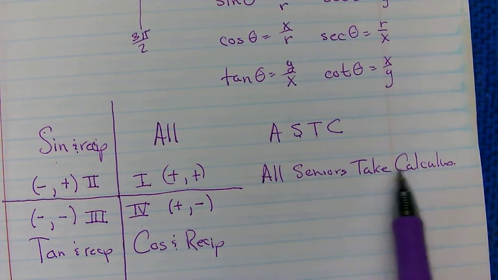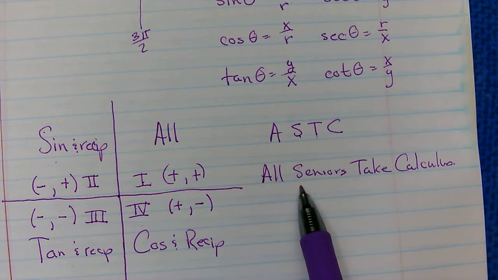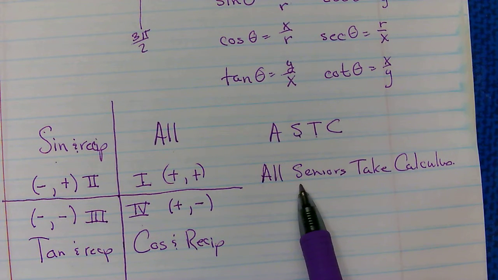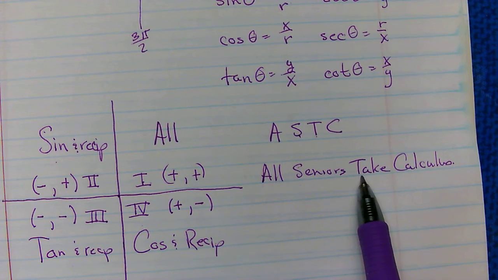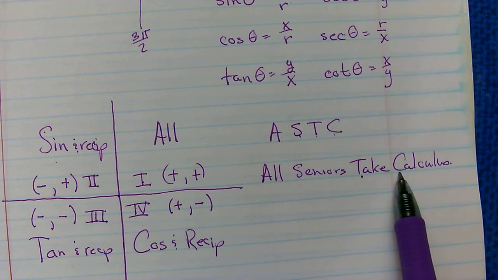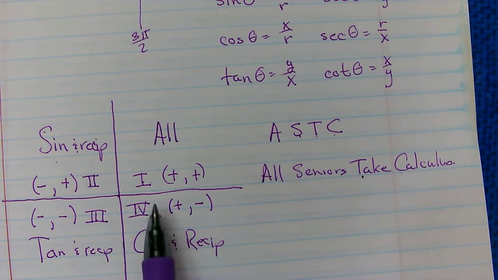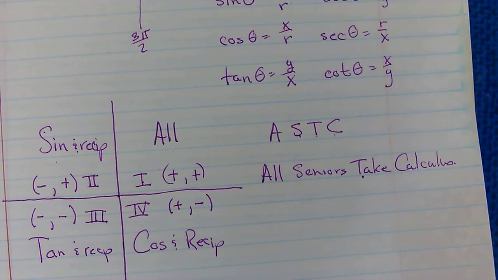So if you can remember that little phrase, and remember that A means all trig functions are positive, S means sine and its reciprocal are positive and the rest are negative, T means tangent and its reciprocal are positive and the rest are negative, and C means cosine and its reciprocal are positive and the rest are negative, going by quadrants, then that'll help you remember whether to use a positive or negative value for those trig functions.